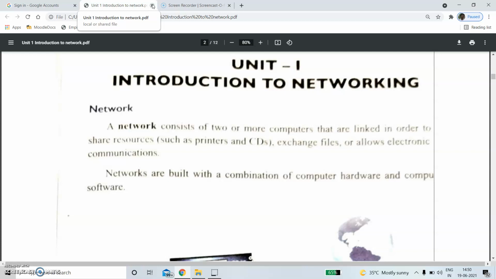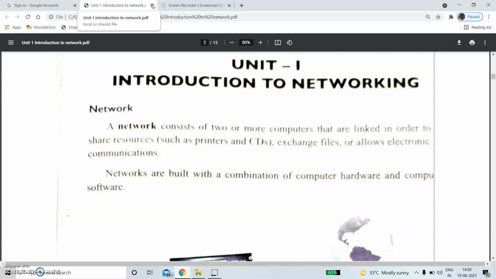To share resources. Here the resource can be a hardware equipment such as a printer or CDs, or exchanging files from one machine to other machines, or sharing electronic communication devices like routers, hubs, switches, etc.